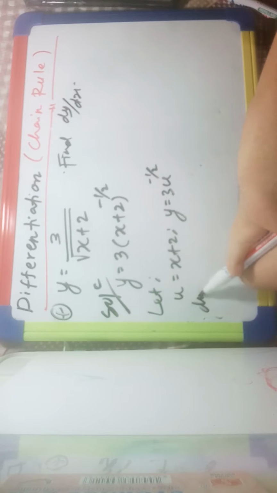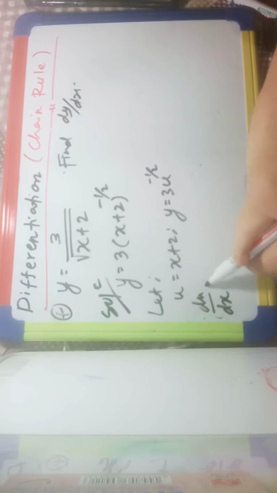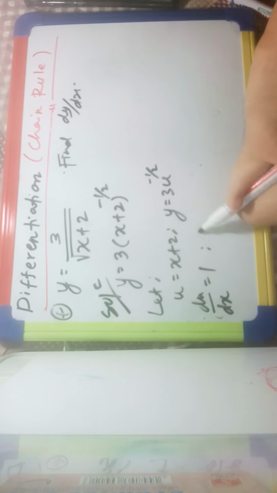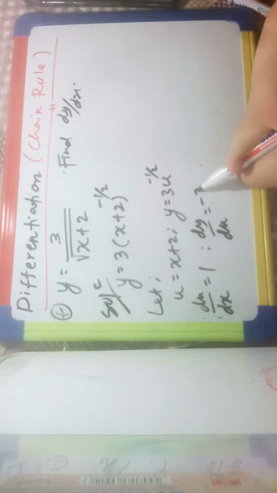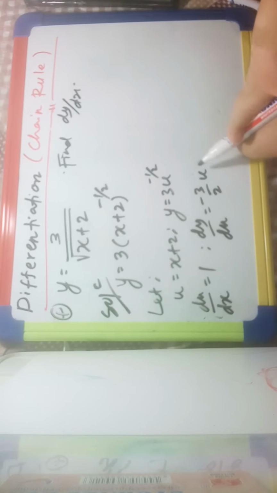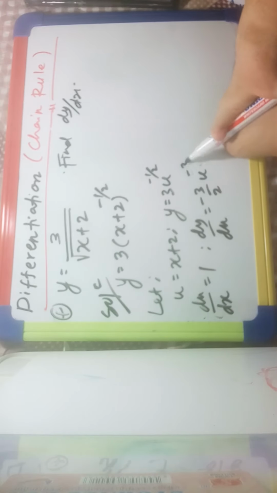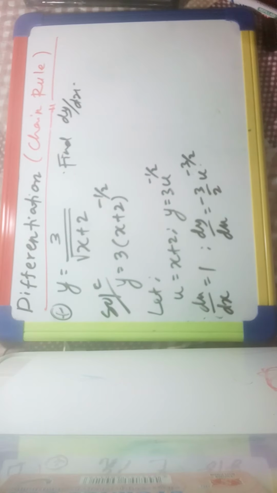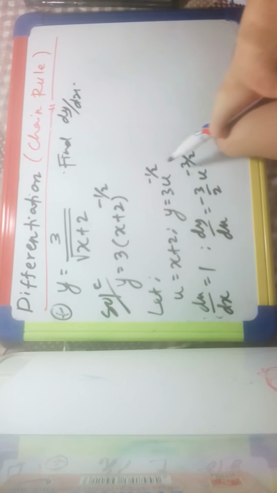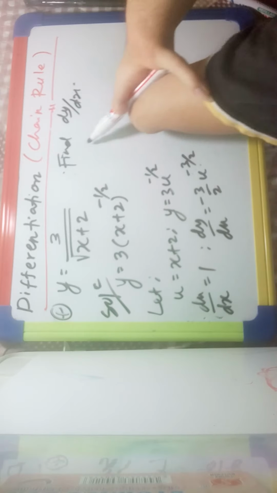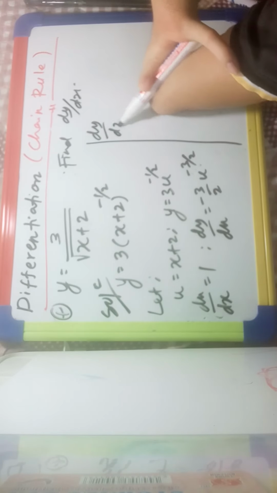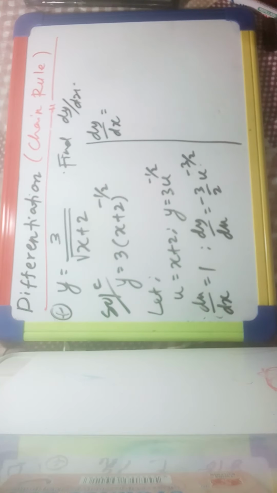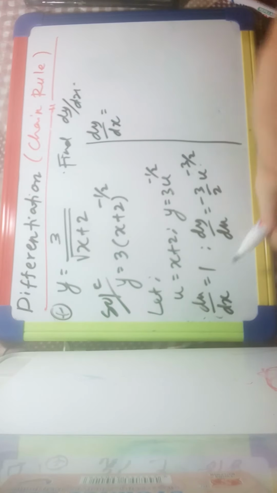Differentiate each of them. Du over dx is equal to 1. What about dy over du? So power go down, power minus 1. So negative 3 over 2 u the power of negative 3 over 2. How do I get negative 3 over 2? Negative half minus 1. Okay, now let's find what is our dy over dx. Dy du multiplied by du dx.